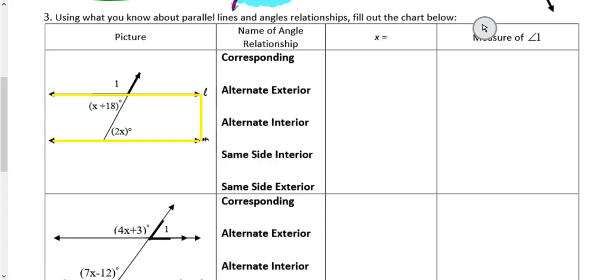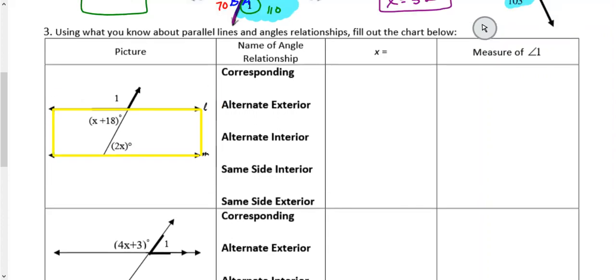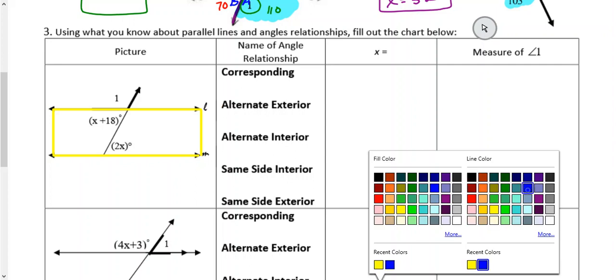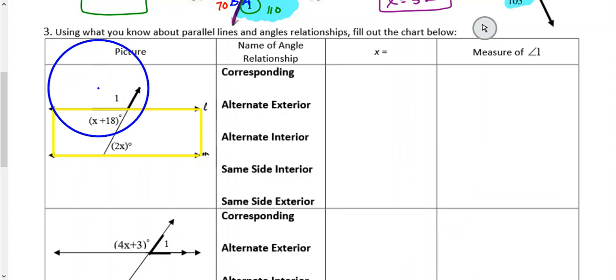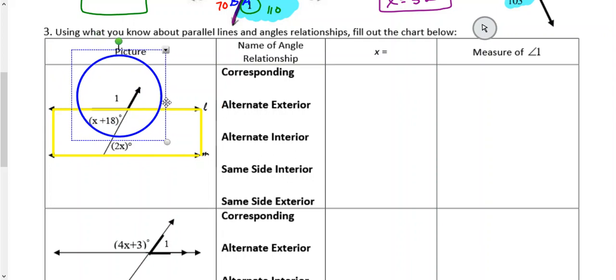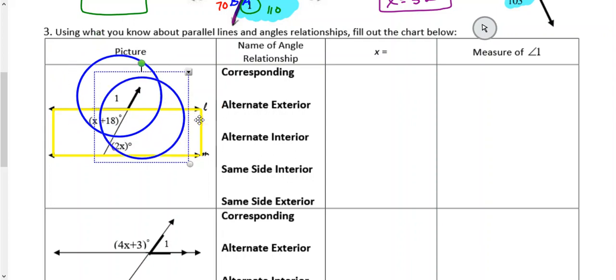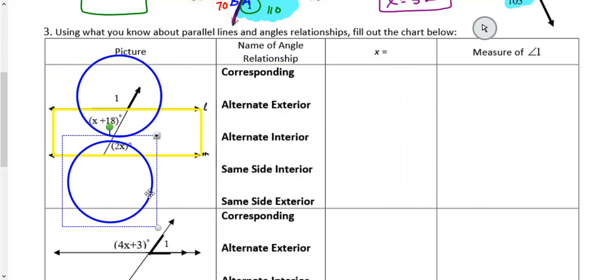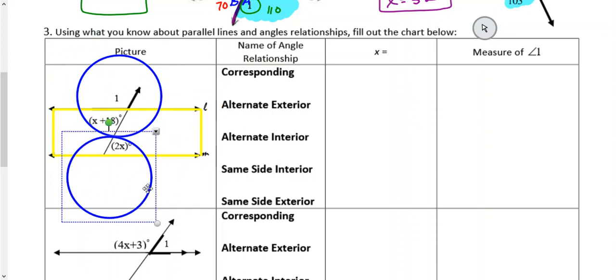And we also drew our two circles to make our groups. So here's one circle. All right, this is our top group. And bottom circle for the bottom group.